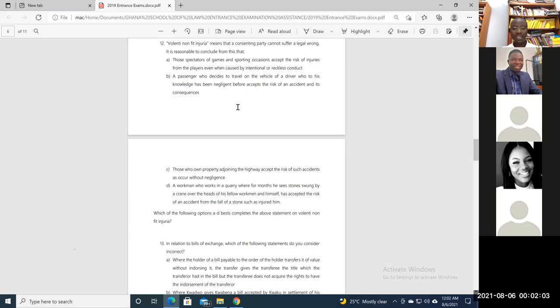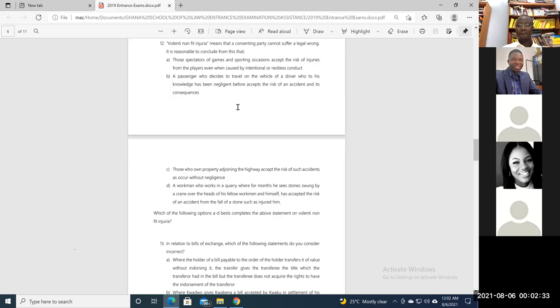C, those who own property adjoining the highway accept the risks of such accidents as occur without negligence. If your property is close to the highway and an accident occurs, so long as there's no negligence, you cannot complain.